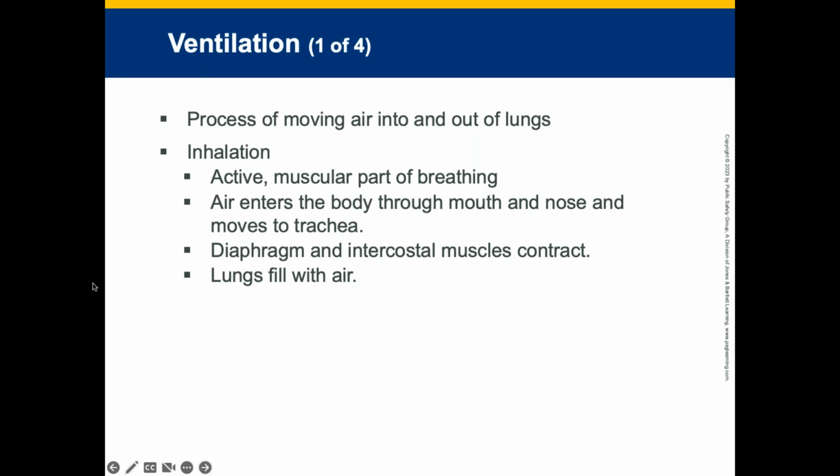So ventilation is the process of moving air into and out of the lungs. Inhalation is an active muscular part of breathing, where air enters the body through the mouth and nose and moves into the trachea. The diaphragm and the intercostal muscles then contract and the lungs fill with air.